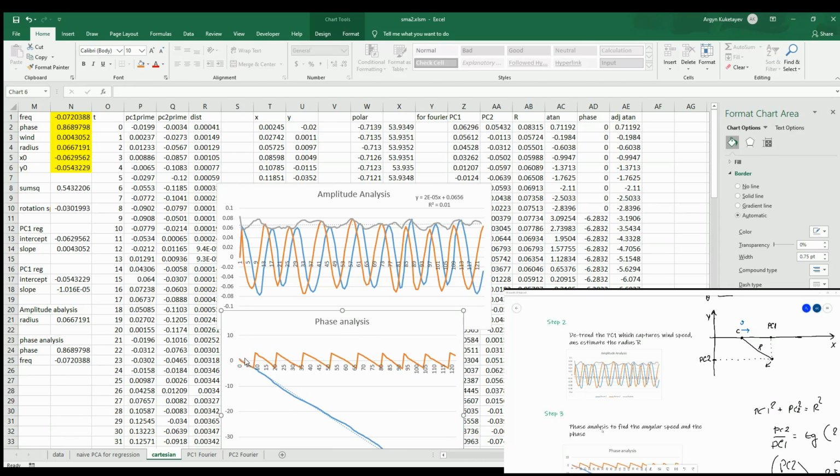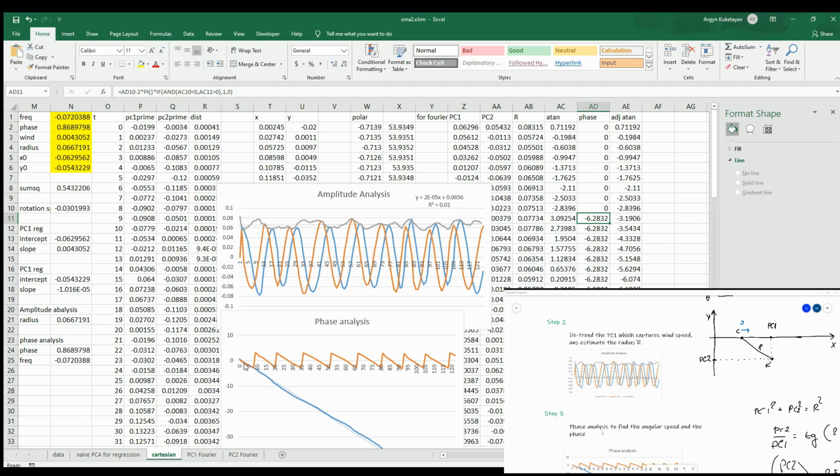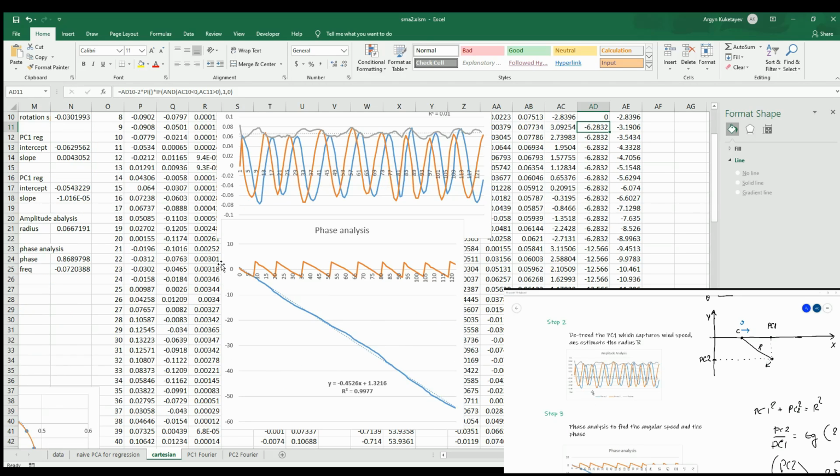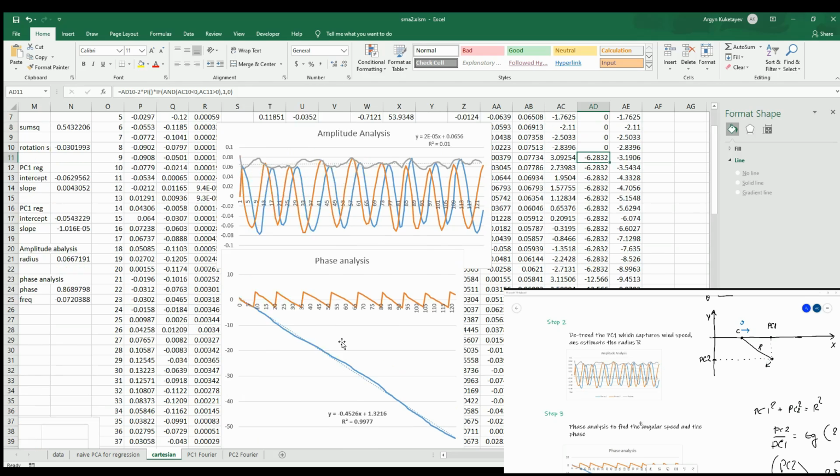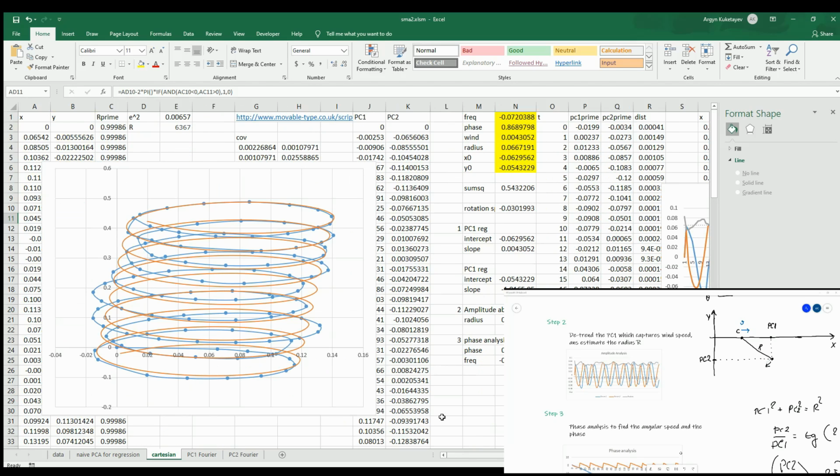Every time it sort of clips, I'm adding a phase. And when you do that, you get this blue line, which a linear trend line fits perfectly. And that's how I got all my parameters, right? Just using linear regressions and some trigonometry, I got all the parameters which I need, and I highlighted them in yellow.